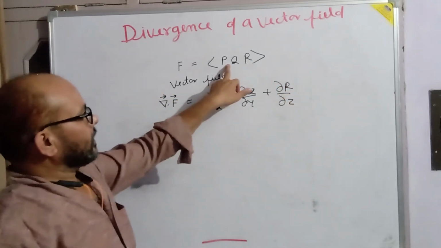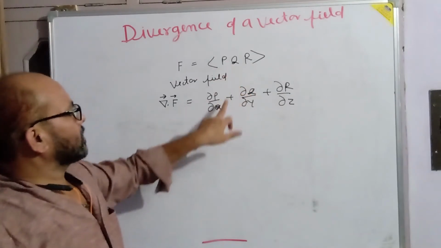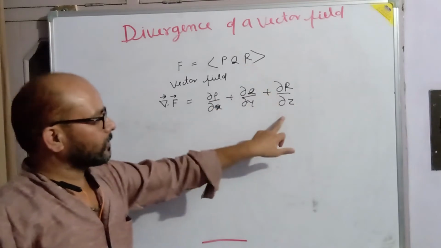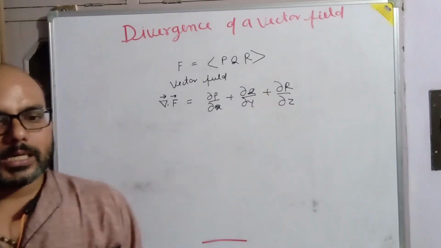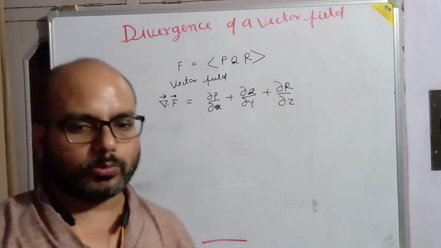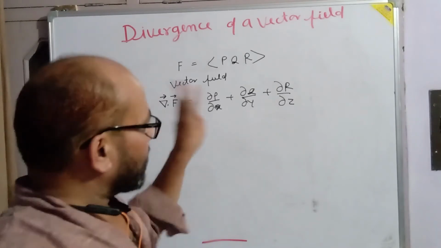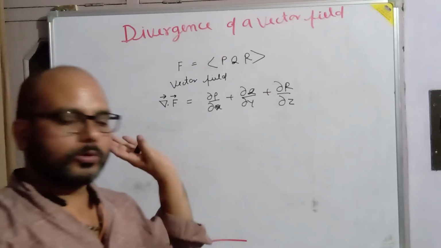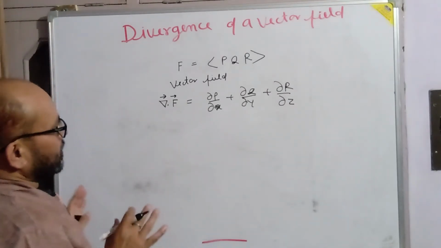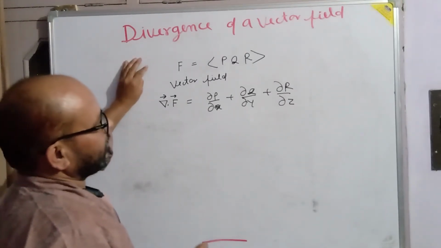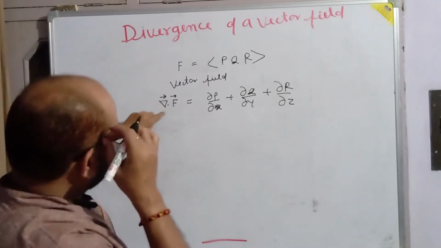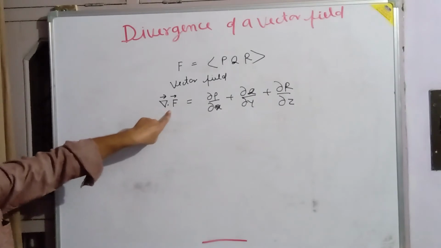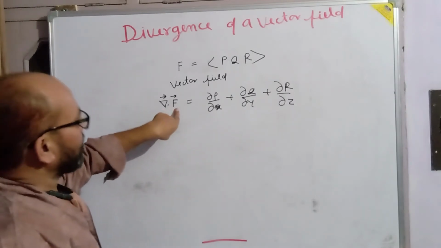This function is differentiated with respect to x, this one with respect to y, and this one with respect to z. So the divergence of a vector field is constructed just like a dot product, like A dot B. Here it is del dot F, where F is a vector field.